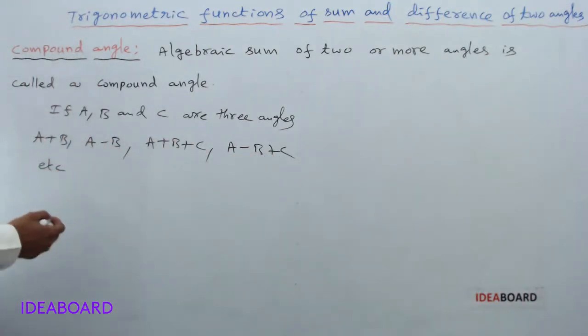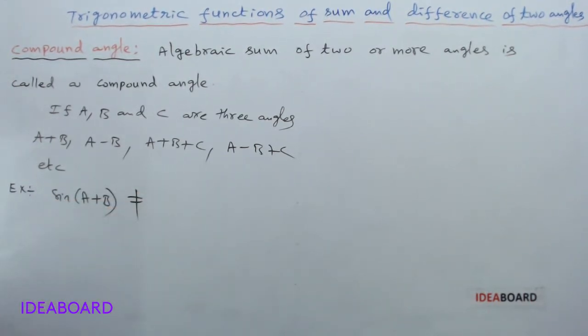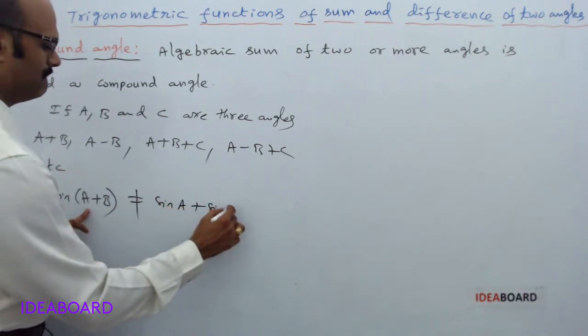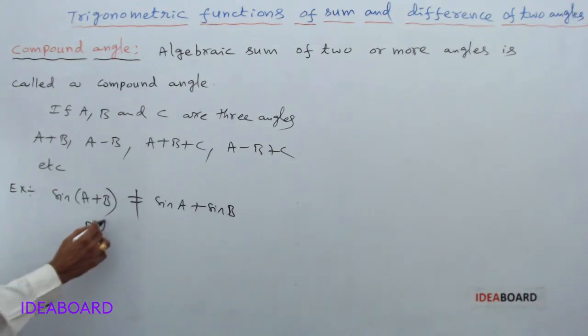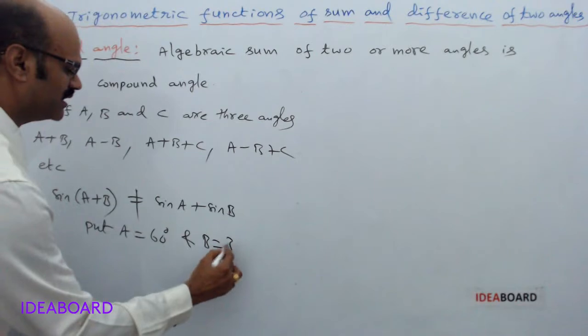Now, sine of A plus B is never equal to sin A plus sin B. Let us verify. Put A equal to 60 degrees and B equal to 30 degrees.